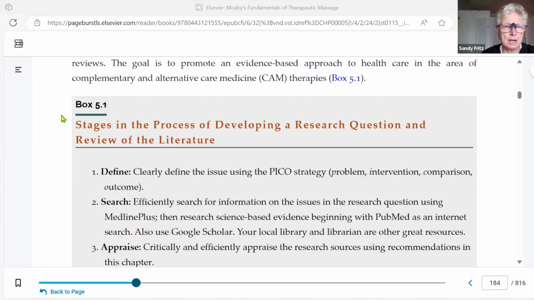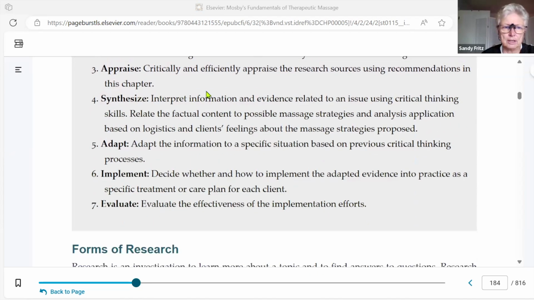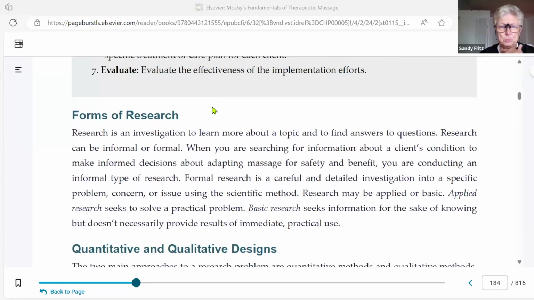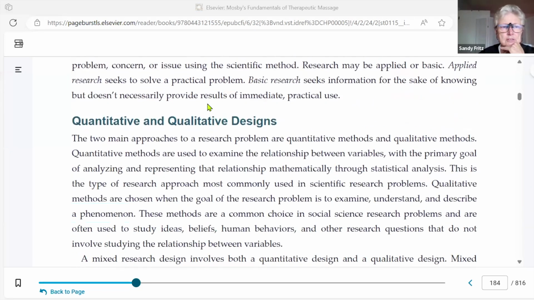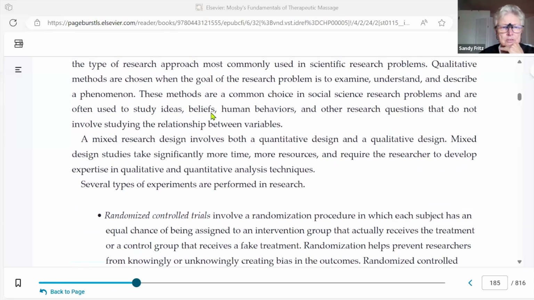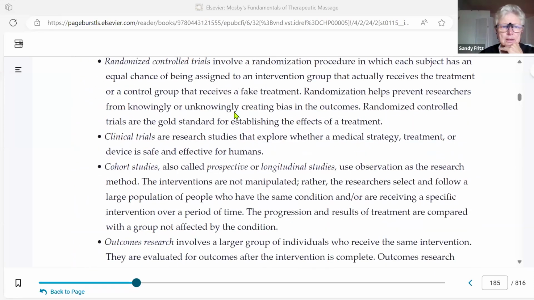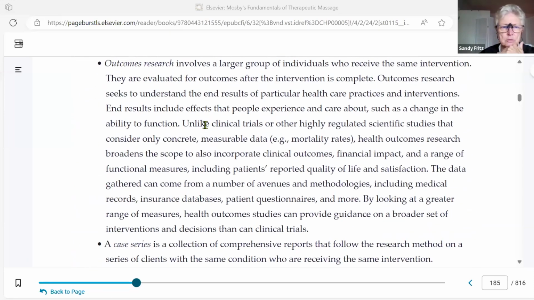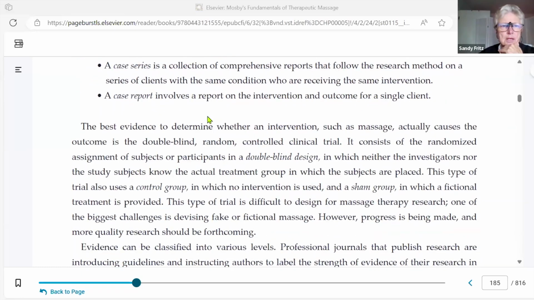So here's a box about developing a helpful and reliable research question for a literature review. So these are the various forms of research, and it's nice to have a general overview on this.